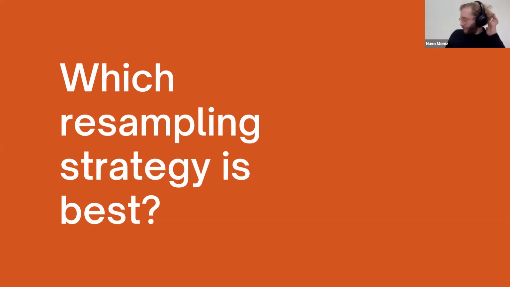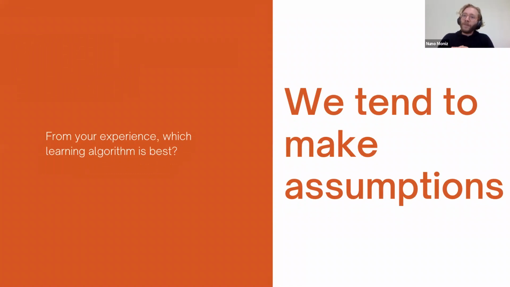At some point, we posed the question of whether there is a resampling strategy that's better than any other, or even if there's a comparison that you can make between one strategy and another. The thing is, we tend to make a lot of assumptions in machine learning.